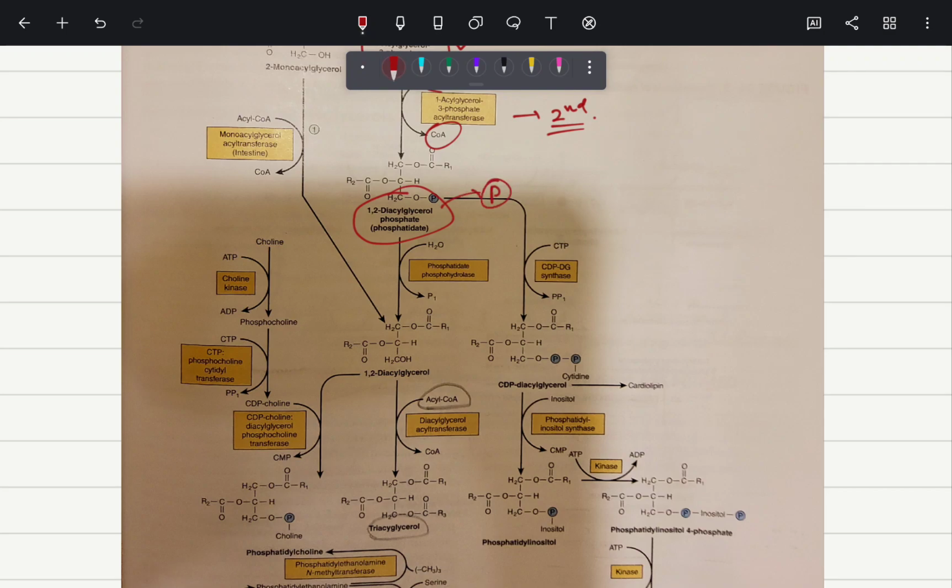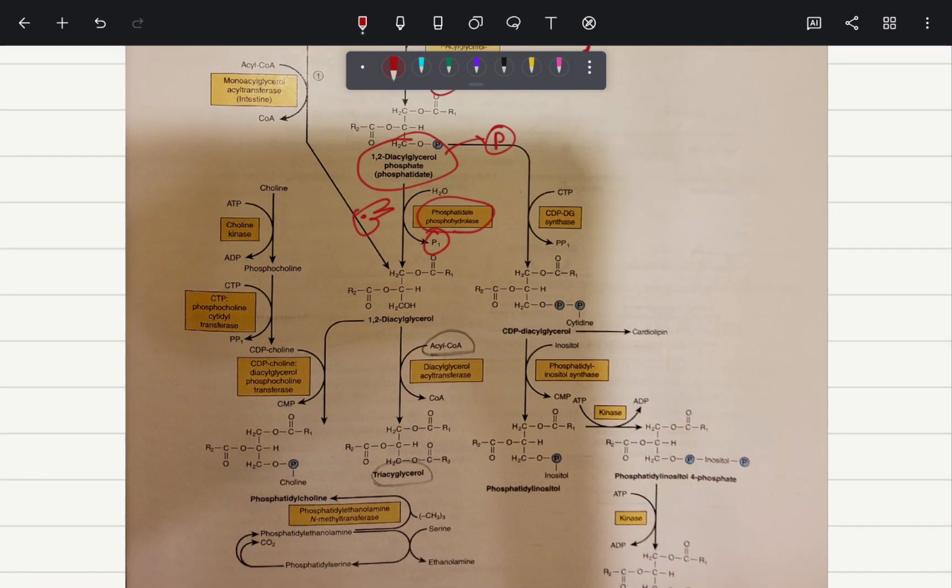Okay, so from this phosphatidate we are going to remove one phosphate. And what was the enzyme that is cutting down the phosphate at the third carbon? It was your phosphatidate phosphatase, or the other name is also phosphatidate phosphohydrolase, but in your textbook you just remember it as phosphatidate phosphatase.